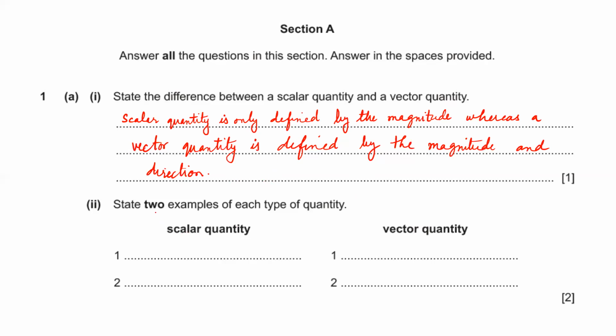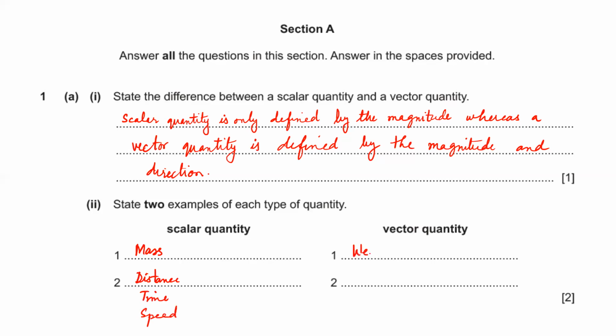So this part 2 of question 1a says: state two examples of each quantity. So remember, there are many examples. You can state any two. For example, mass is a scalar quantity, distance is a scalar quantity, time is a scalar quantity, speed is a scalar quantity.